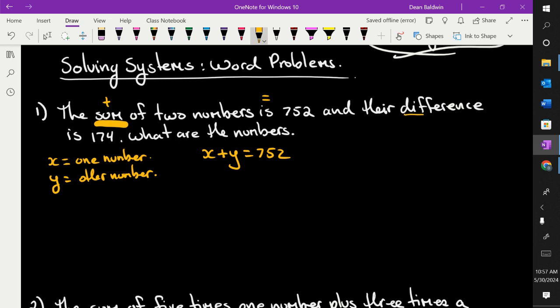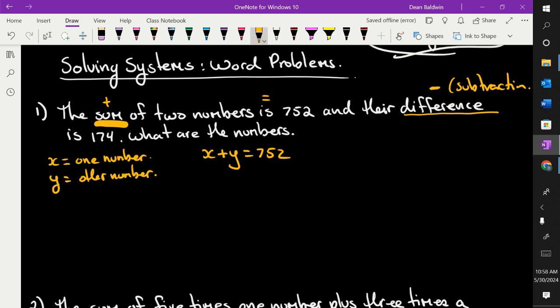Their difference, if I say the word difference, what are we talking about? Which is what sort of mathematical operation? Subtraction. This is subtraction. Okay. Their difference is 174.